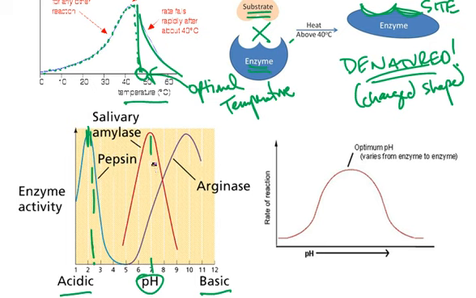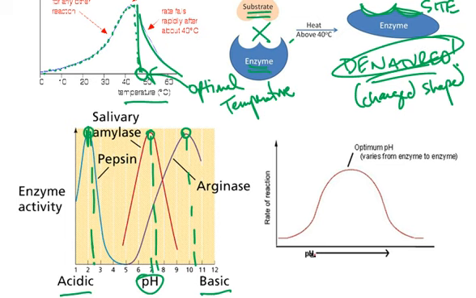Salivary amylase in your saliva has a pH just about 7. And arginase, which is a different enzyme that we didn't learn about, has a pH of about 10 or 11. And so each of these enzymes have different optimal pHs. And what happens beyond these optimal points or best points, again, we've got denaturation happening.